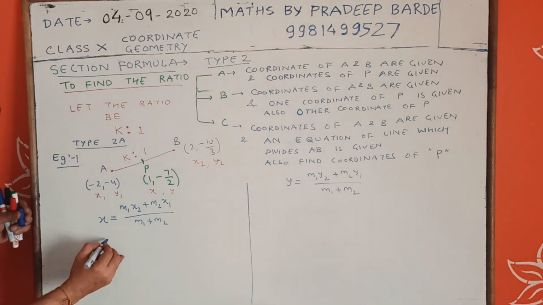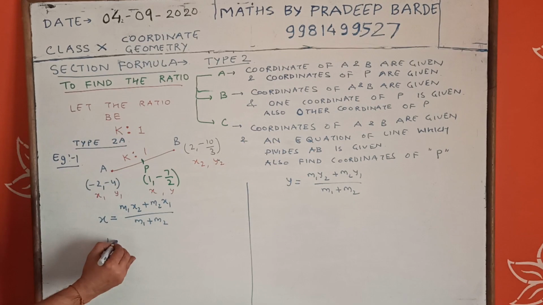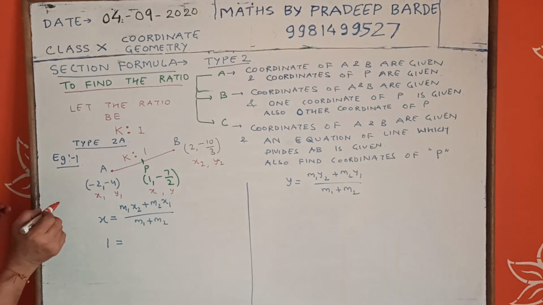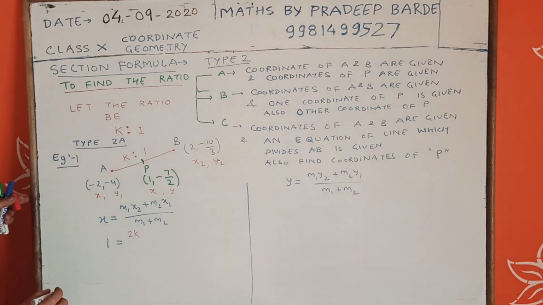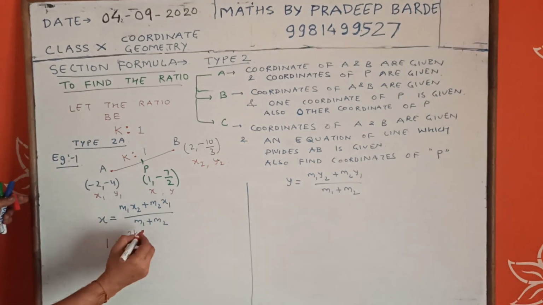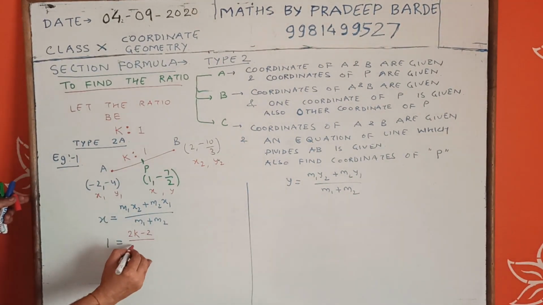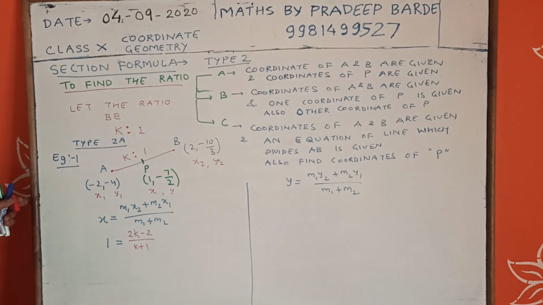अब x की वैल्यू रखिए बच्चों, यहां पर आ गई 1 इज इक्वल टू (k इंटू 2 प्लस 1 इंटू minus 2) upon (k plus 1).